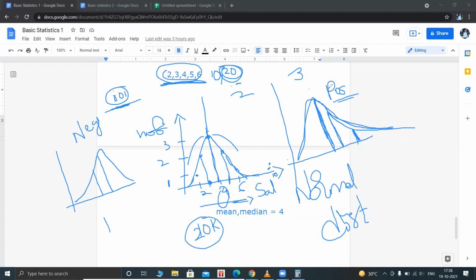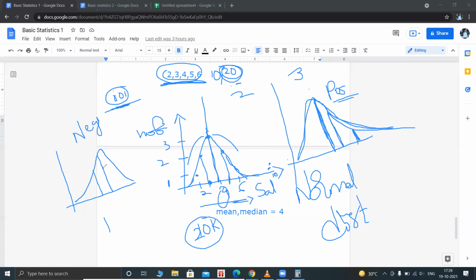You're saying the number two diagram has outliers, or else? Fatima, which diagrams contain outliers? Yeah, diagrams 1 and 3 contain outliers because my mean was affected.